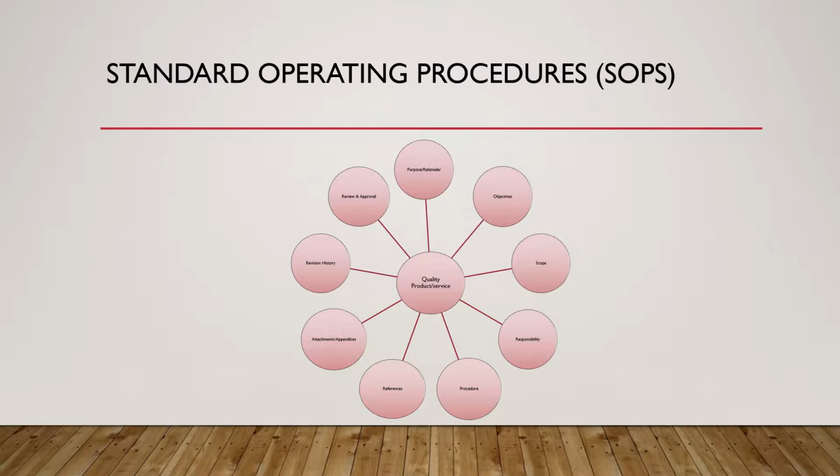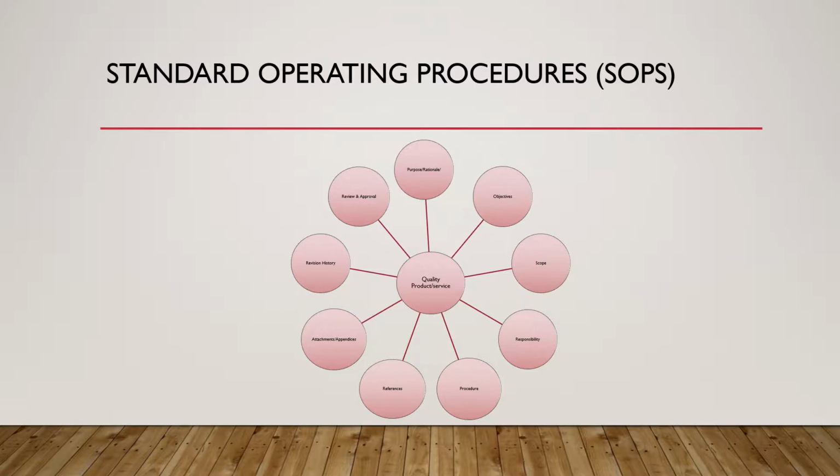There are objectives, scope, responsibility, perhaps tools or materials that are going to be used during the course of executing the SOP. Then the procedures, which are the step-by-step instructions. There are references, attachments and appendices, a revision history, and then a review and approval section.